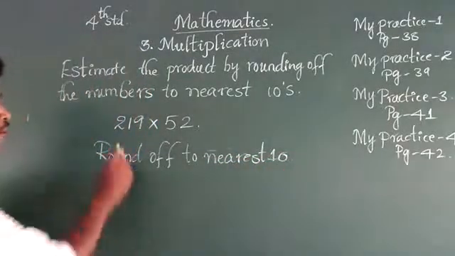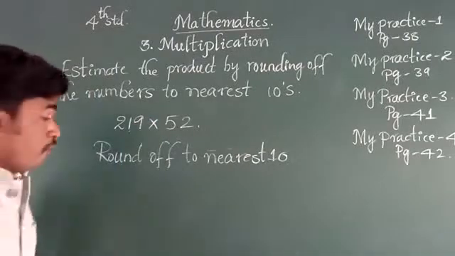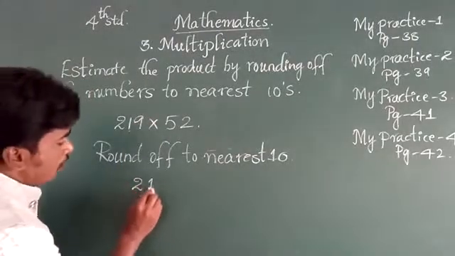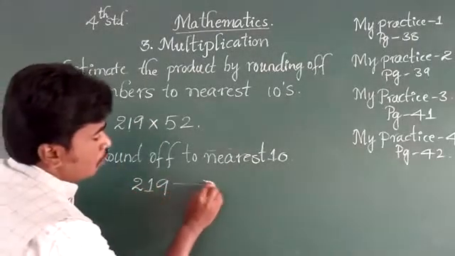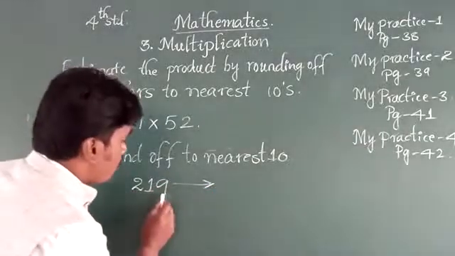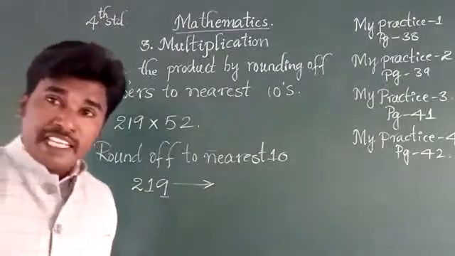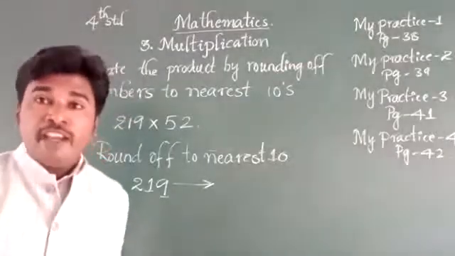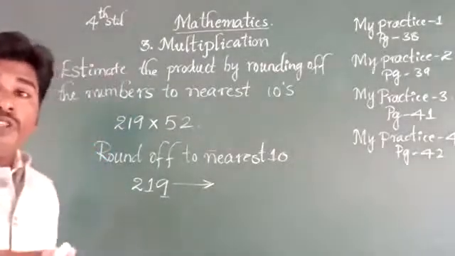So dear children, for 219, which is the nearest 10? You observe the last digit, last place. If it is 5 or greater than 5, go to the next 10.